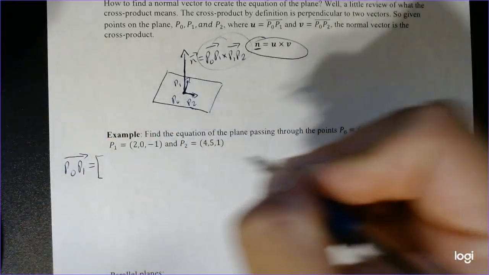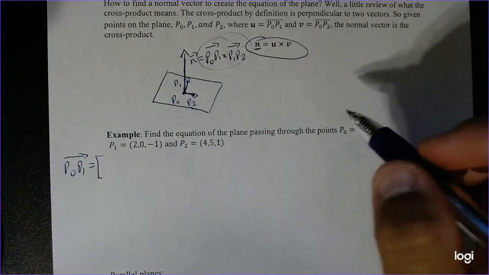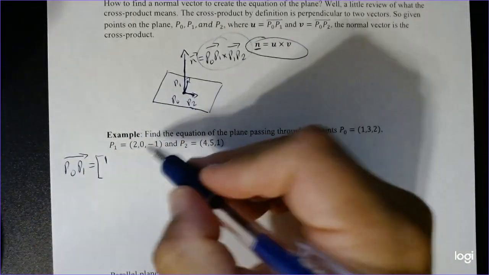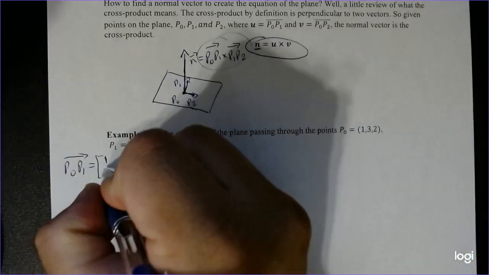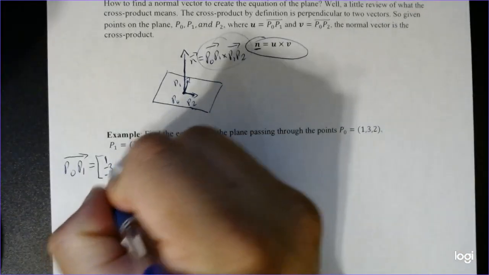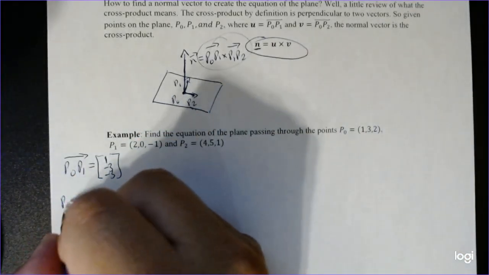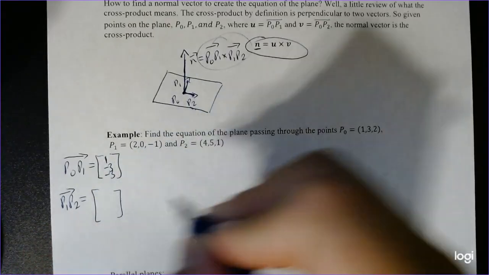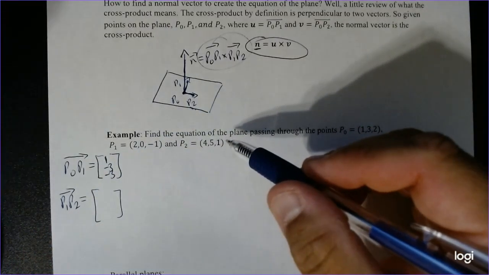Okay. Let's first find our two vectors. Again, initial minus last. So 2 minus 1 is 1. 0 minus 3 is negative 3. Negative 1 minus 2 is negative 3. That's our first vector. And then P1, P2. Oh, sorry, P0.